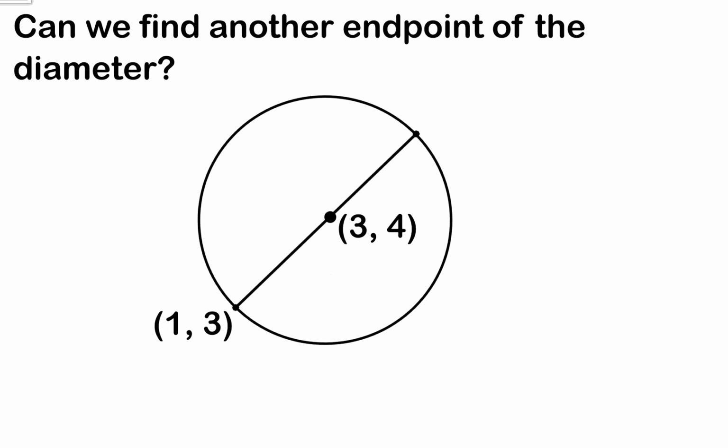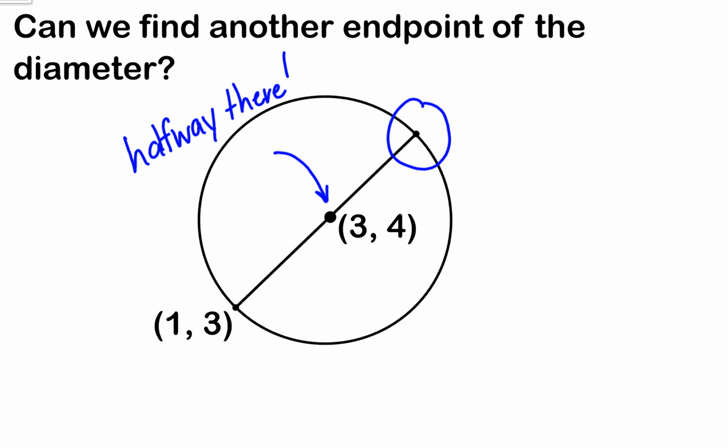Okay. The last thing we're going to do in this lesson is find the other endpoint. So I know that this is my center and my midpoint. So again, I'm halfway there. So what I'll do is I'll count how much I have to move to get there. So we'll move to the right first. That means I'll be looking at my x's. And when I go to the right, I go up by 2.